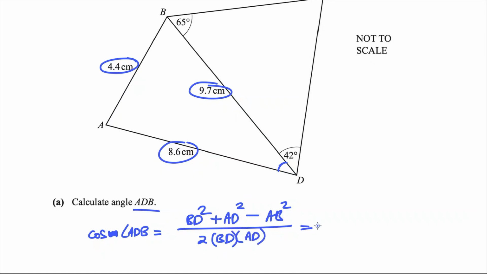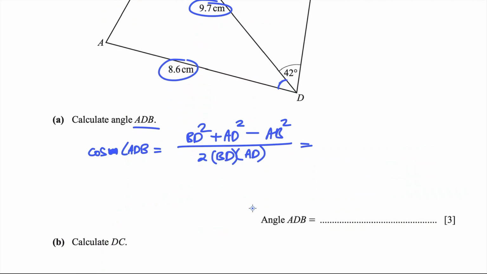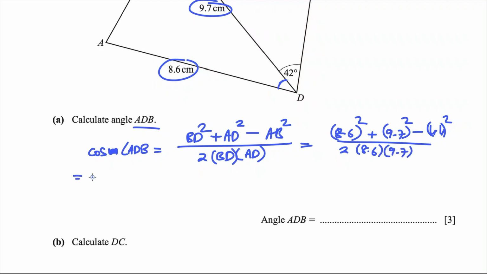And so if I substitute the values, then it would be 8.6 whole square plus 9.7 whole square minus 4.4 whole square divided by 2 into 8.6 into 9.7. And 8.6 whole square is 73.96 and 9.7 whole square is 94.09 and 4.4 whole square is 19.36, divided by 2 into 8.6 into 9.7.